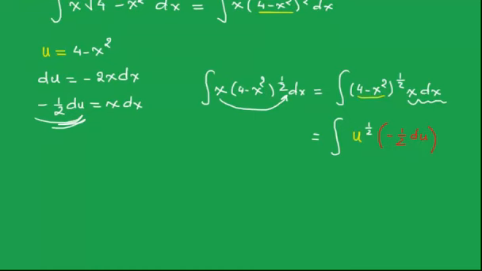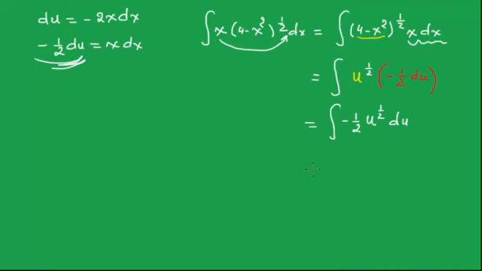Which is the same as, I'm going to write the constant negative 1/2 to the front, u to the 1/2, and then du. Now this is a pretty easy antiderivative to compute: negative 1/2, and then times u to the 3/2 over 3/2, and then normally we should have plus c.